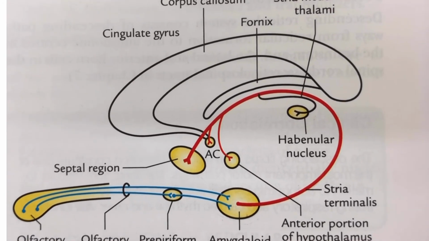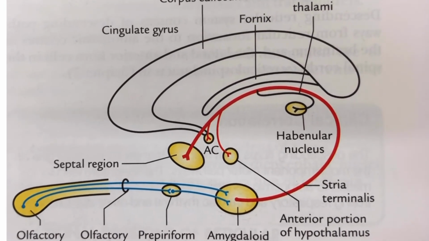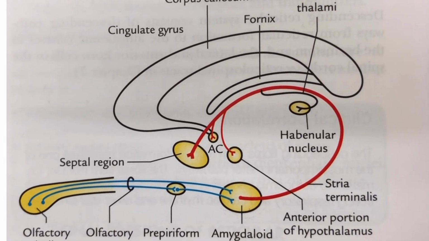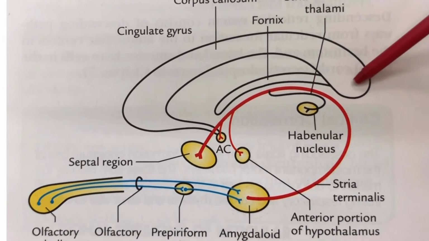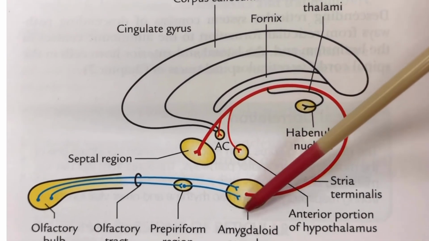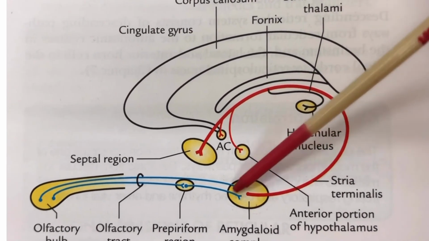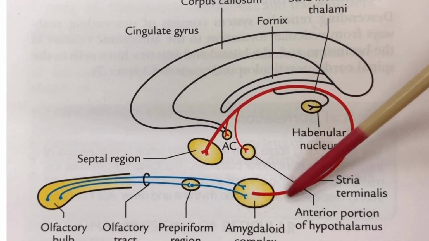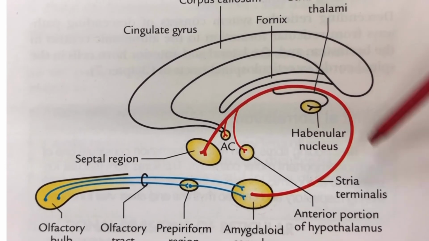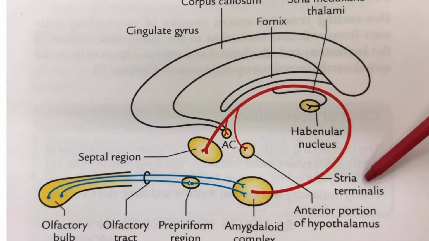To understand the stretching of the ependyma in the roof of the third ventricle, we can understand it first in this diagram, where you are able to see this is the amygdaloid complex. The main efferent tract of the amygdaloid complex is known as stria terminalis.